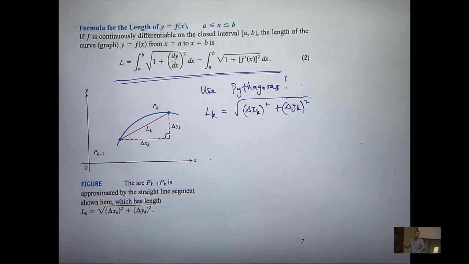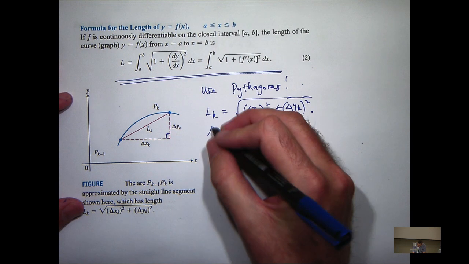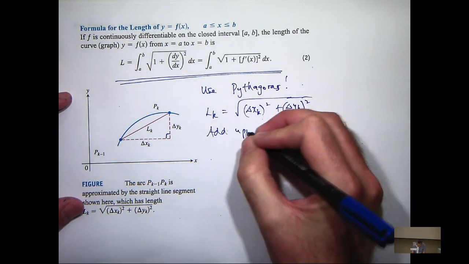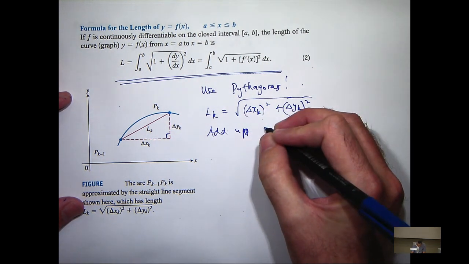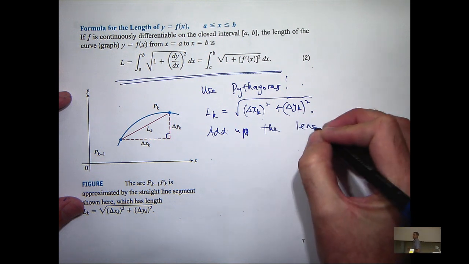Now, to calculate the length of the whole curve, I need to add up each of the hypotenuses. So let's add up the lengths.